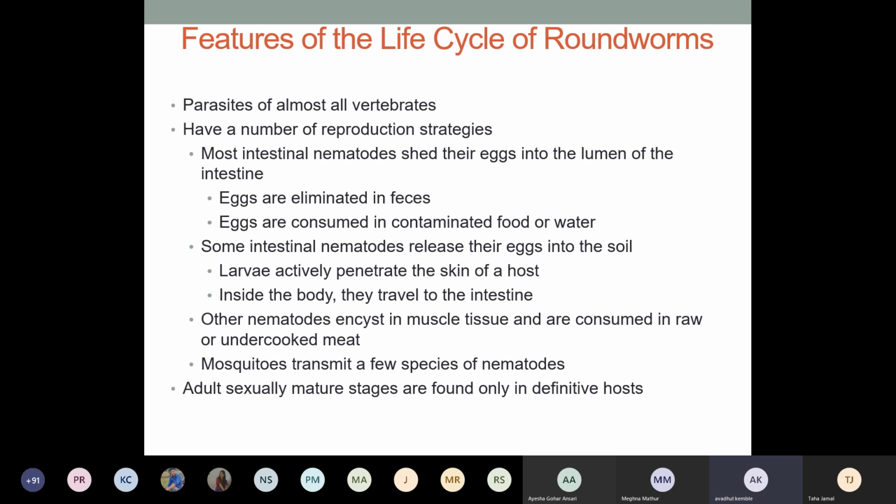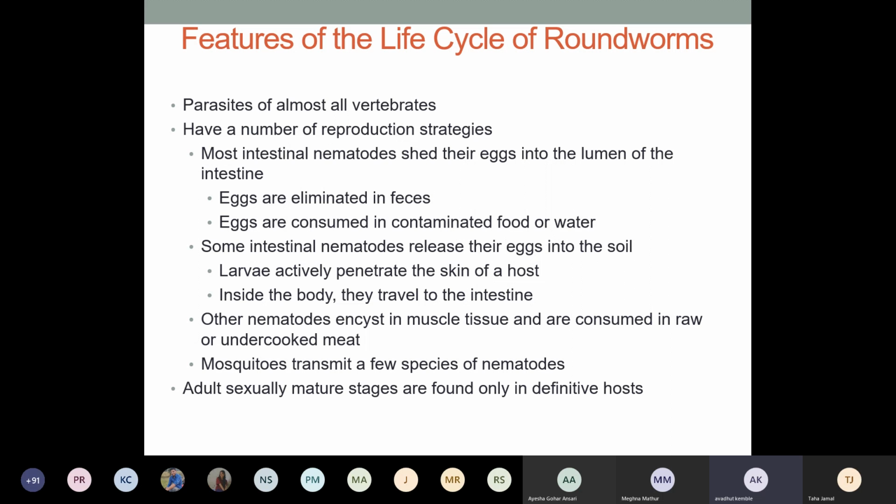Features of the life cycle of roundworms: the parasites, almost all vertebrates, have a number of reproduction strategies. Most intestinal nematodes shed their eggs into the lumen of the intestine. Eggs are eliminated through the feces. Eggs are consumed in contaminated food and water. Some intestinal nematodes release their eggs into the soil.